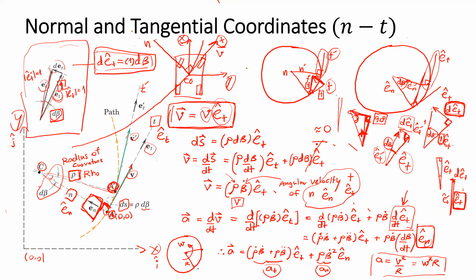the velocity v is equal to omega r. And in this case, the acceleration to the center will be omega square r, or v square per r.